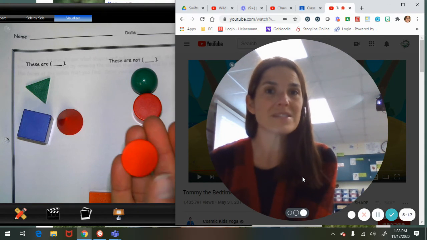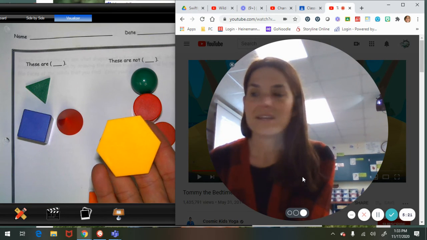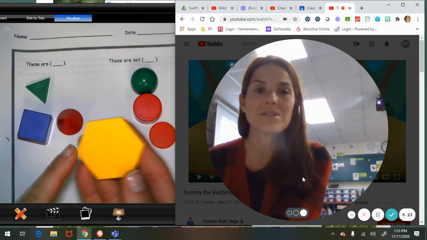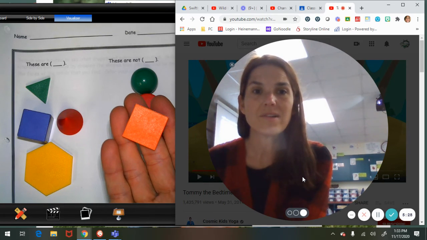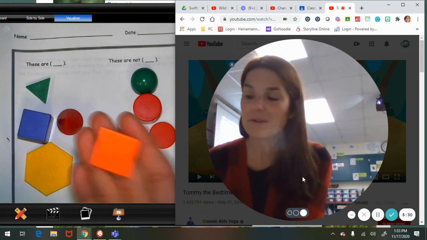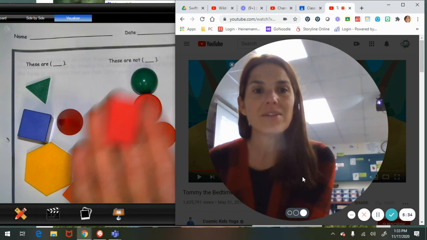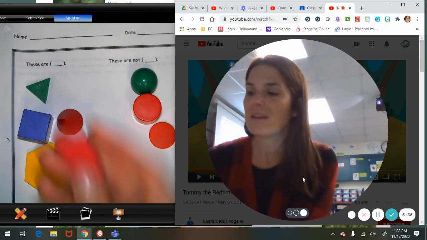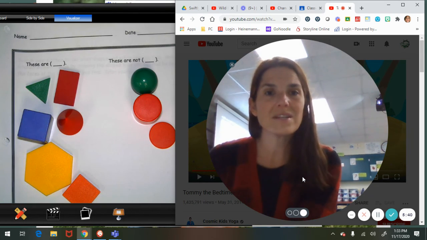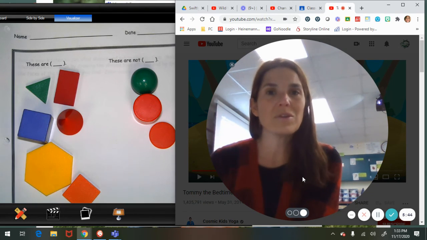It's all round sides. The hexagon. It has 6 corners. The square. It has 4 equal corners. And then the rectangle. It also has 4 corners, but 2 sides are long and 2 are short. So that's another way that we could put these shapes into different groups.